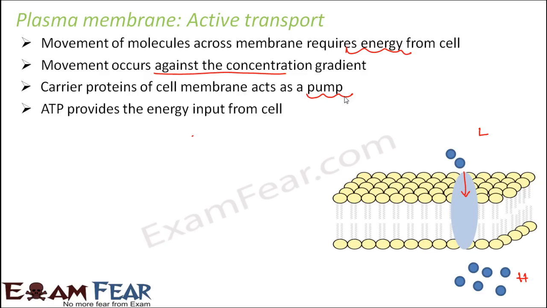So here ATP provides the energy input from the cell. So this is active transport. Now we talked about three different ways of transport. One is simple diffusion, one is facilitated diffusion, and the third one is active transport.